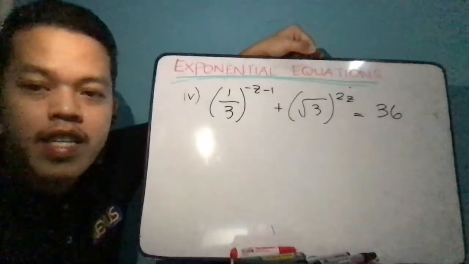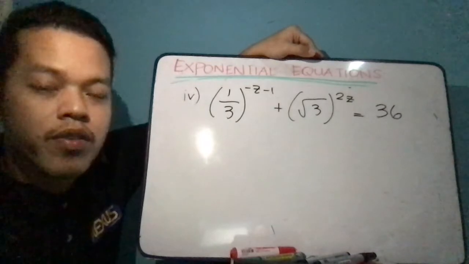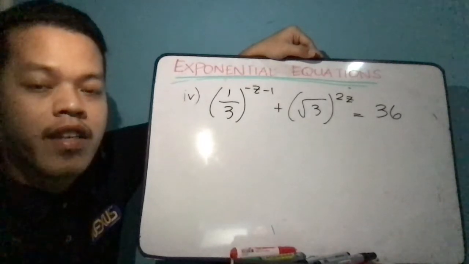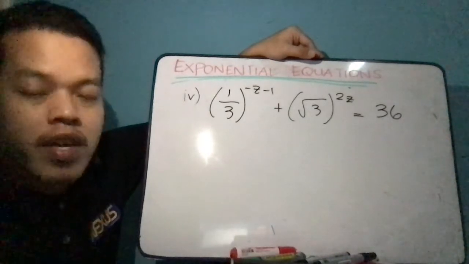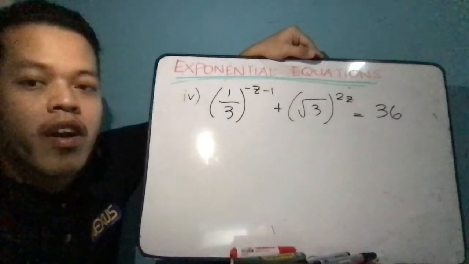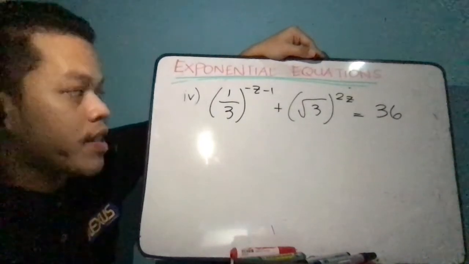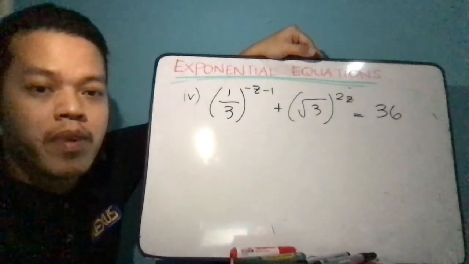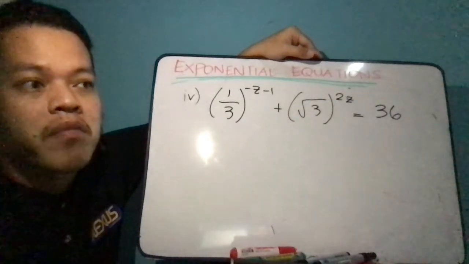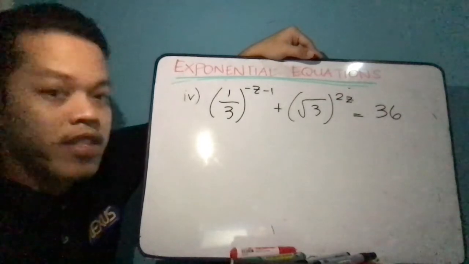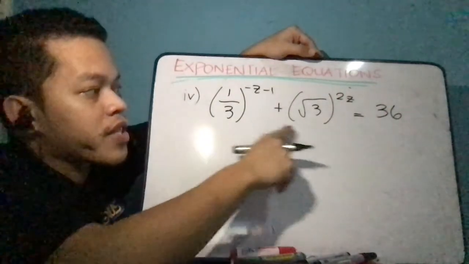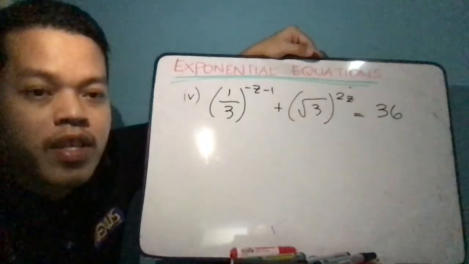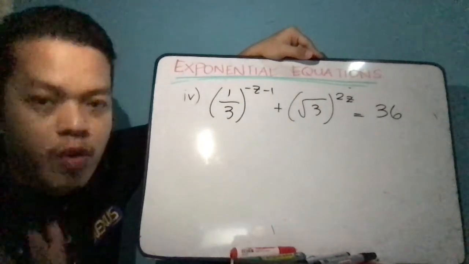Okay, let's have this exercise. We have 1/3 to the power of negative z minus 1 plus square root of 3 to the power of 2z. The first thing that you're going to do is to actually transform everything into a base of a number, and that is not rational. So which means we have to transform everything in such a way that we can see bases in whole number.